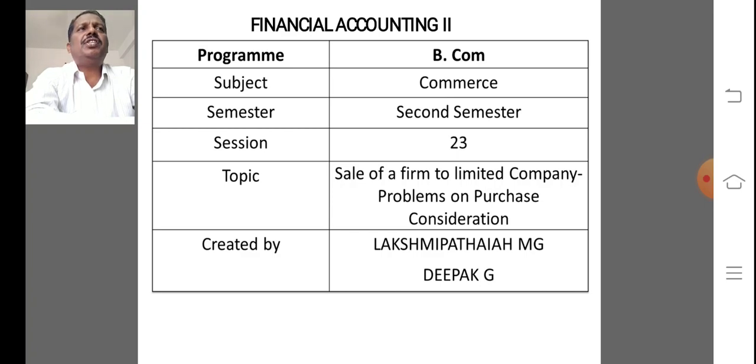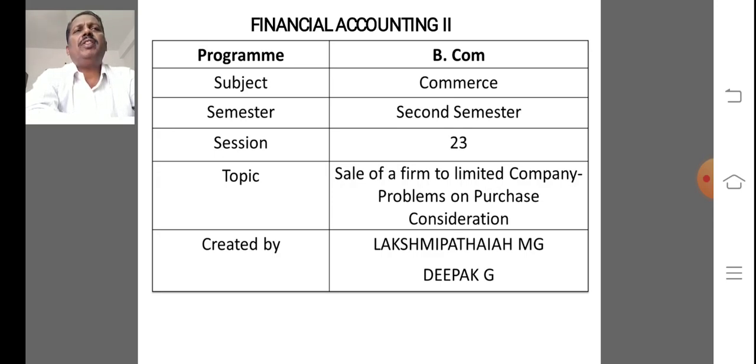The purchase consideration payable by the purchasing company to the vendor firm may be calculated under any of the following 3 methods. The first one is the lump sum method, the second is the net assets method, and the third is the net payment method.